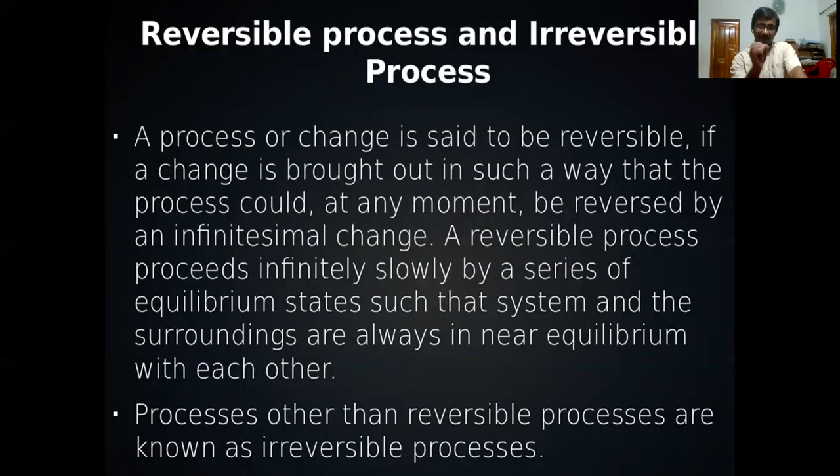In thermodynamics, reversible and irreversible processes are important. Usually, processes are irreversible, but there is a chance for a reversible process, and that process will take place infinitesimally slowly, very, very slowly.